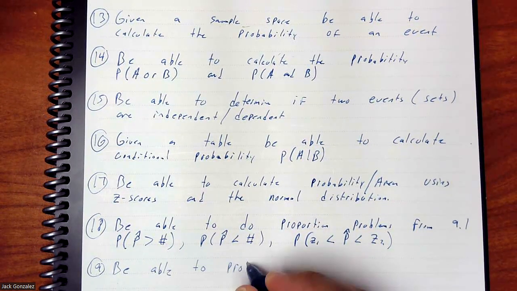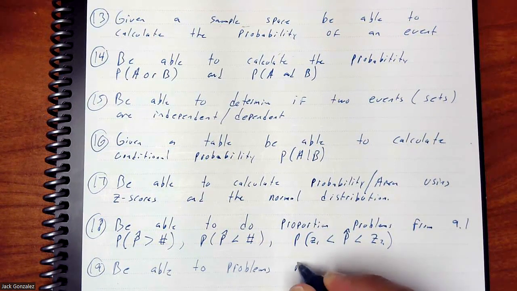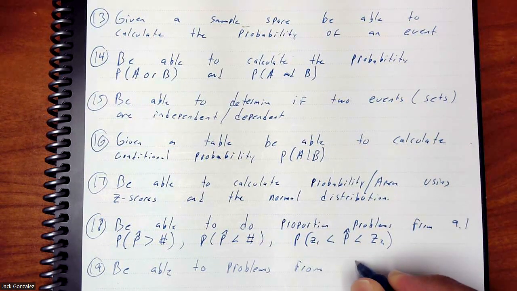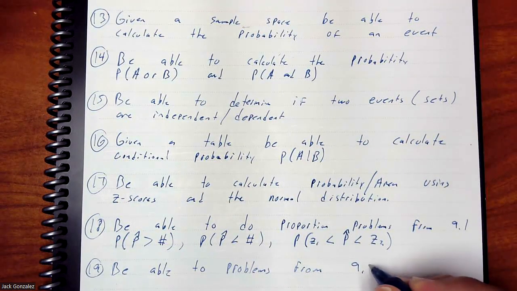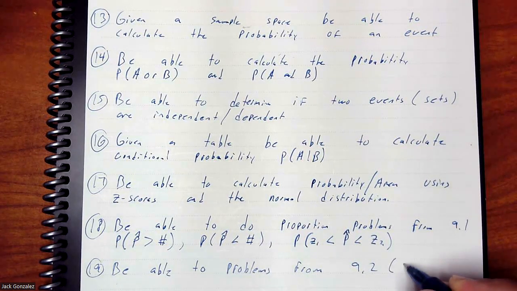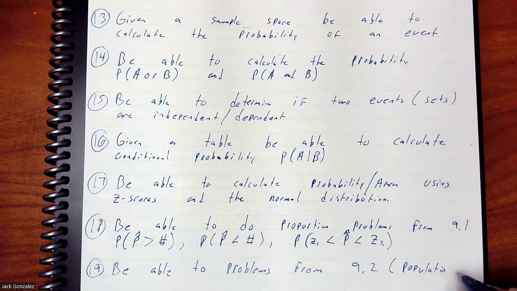We have to do problems from, I think it was, 9.2. Let me double check. Yeah. It was a population mean.